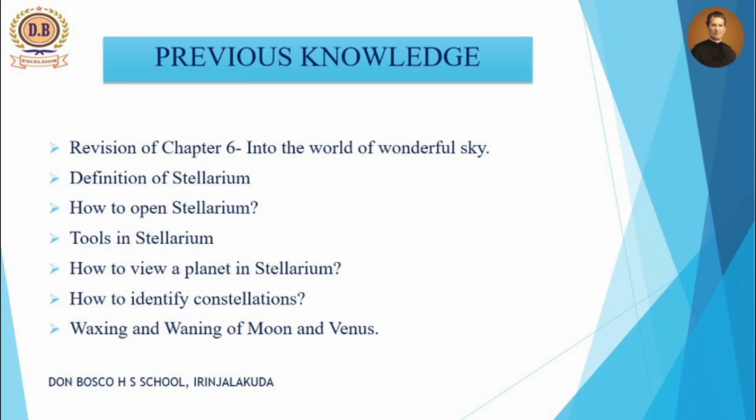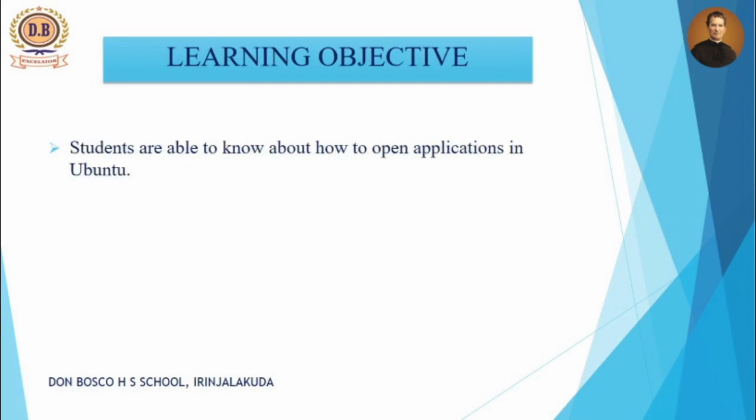Now, the learning objective of today's class is that the students are able to know how to open applications in Ubuntu. We have studied 6 chapters in this subject, and in each chapter, we are dealing with different software. In the first chapter, we have studied LibreOffice Writer.